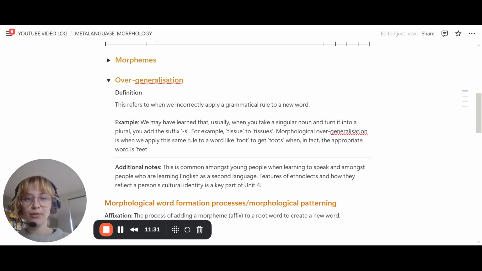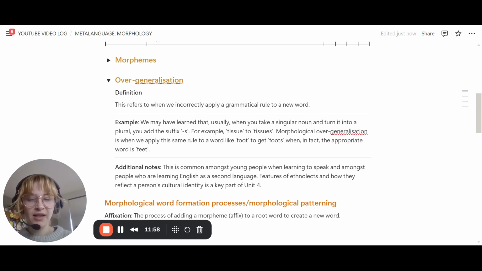So, for example, if a child learns English for the first time, we learn that the suffix s creates plural, like tissue to tissues. But we might then go on to say, oh, that's a rule with no exceptions, famous last words, and say something like sheep, sheeps, or foot, foots, when in actual fact, we've got different grammatical rules there.